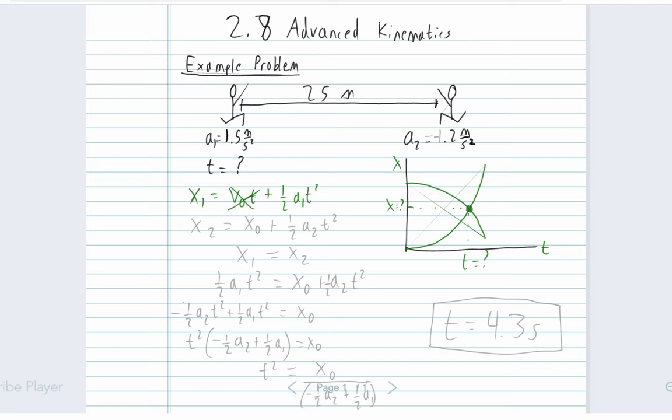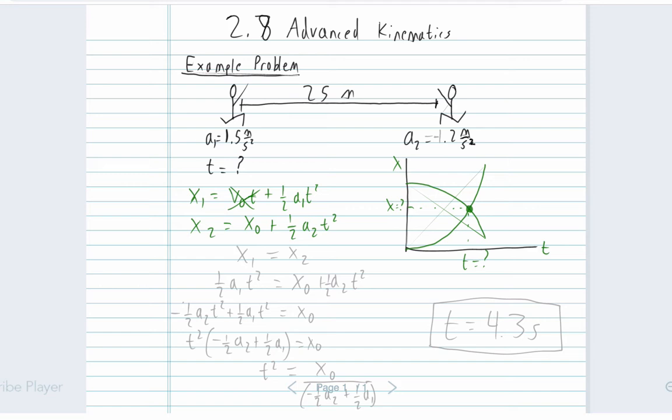It's not stated in the problem, but we can assume that. Likewise for your friend, he also has 1/2 a2 t squared, but he starts away from you. So we're going to set you at the origin at 0, and your friend's going to start at x naught, or this 25 meter distance.